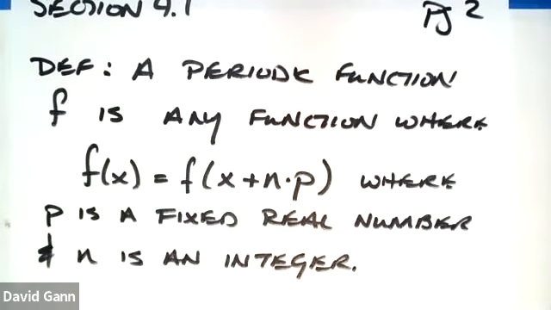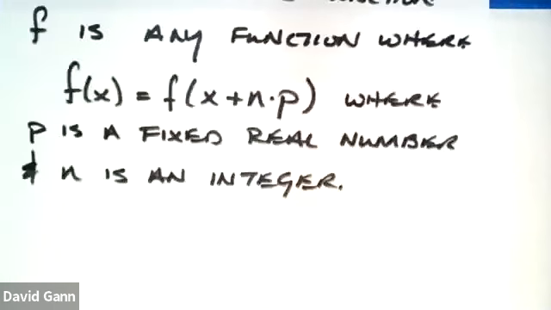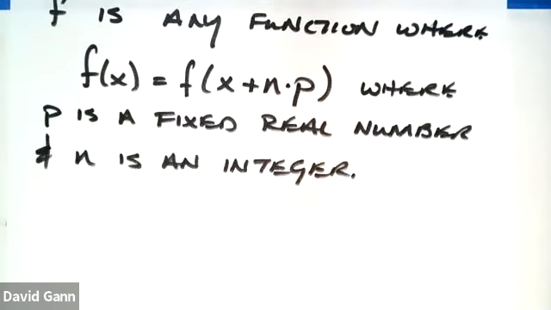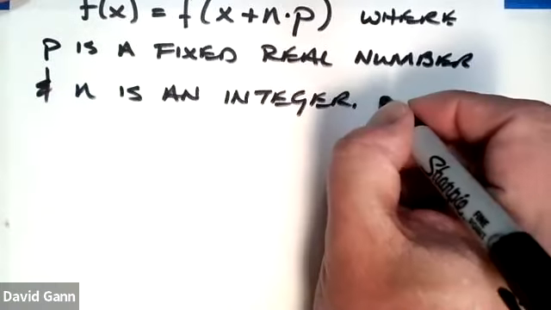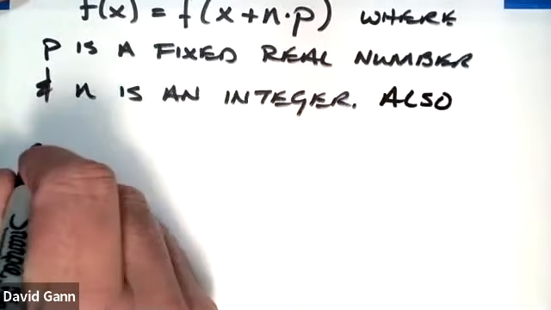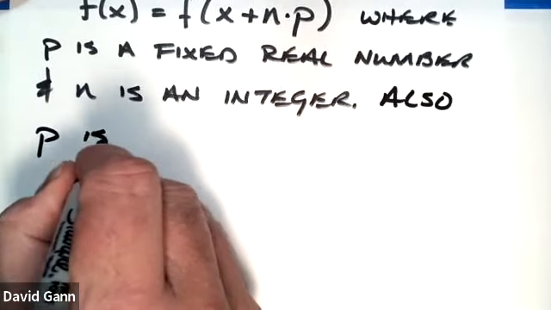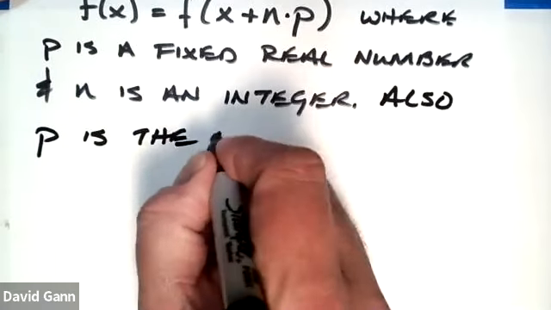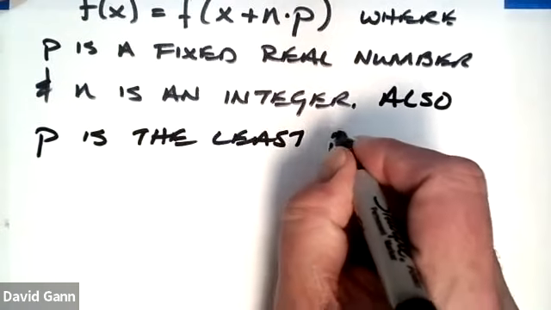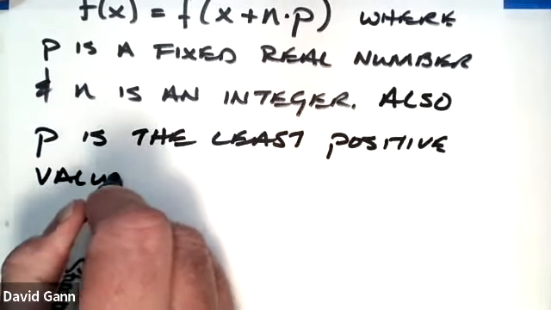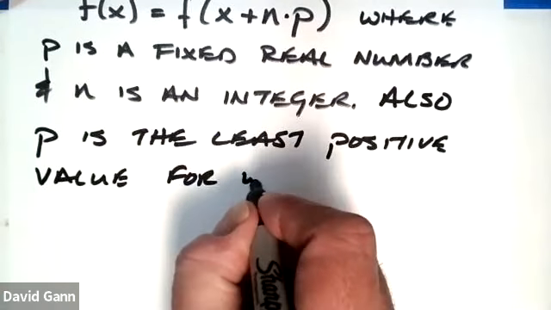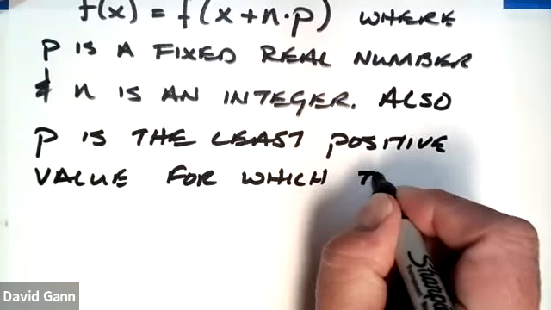So what is that saying? Specifically, and I have to be a little careful here because sometimes this is used to represent maybe a double period or whatever else. But what we need to be careful is to say that also p is the least positive value for which the equation holds.